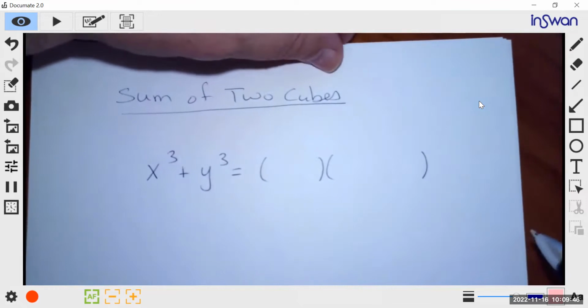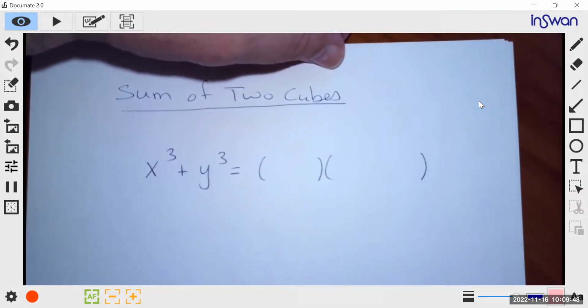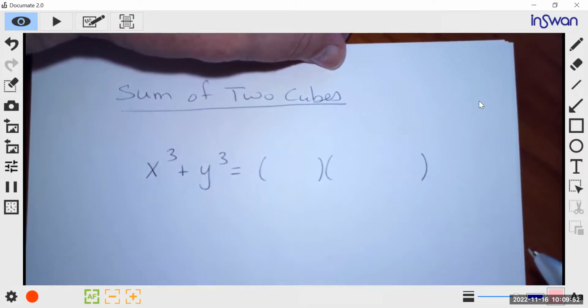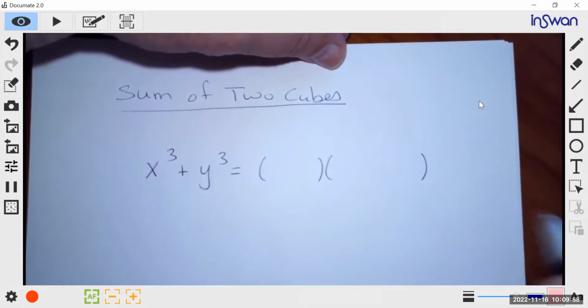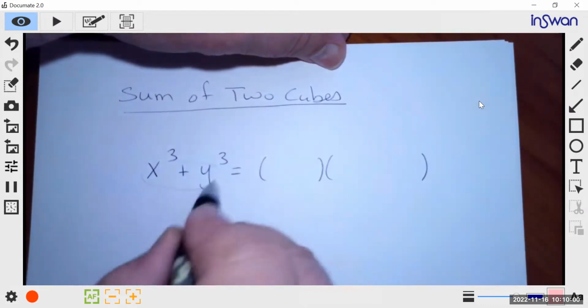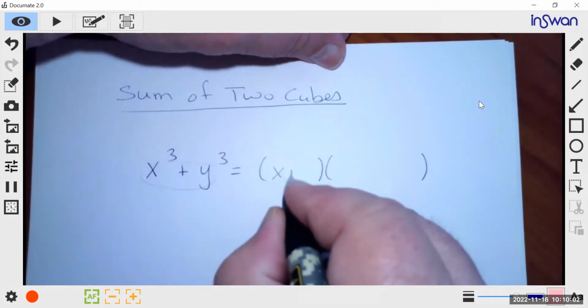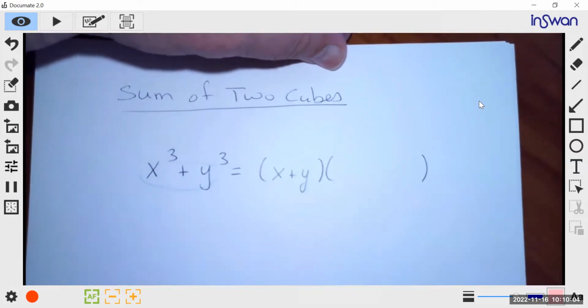It's going to look almost identical to the difference of two cubes. The only difference is where the signs fall. Remember, whatever's under the cubes goes inside the parentheses, in the first parenthesis.